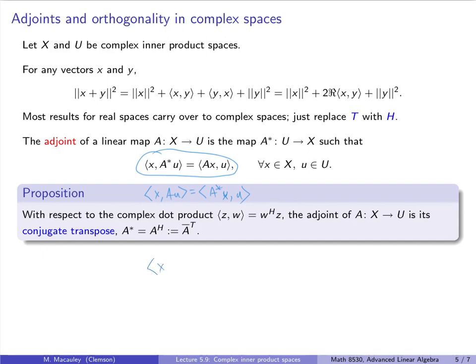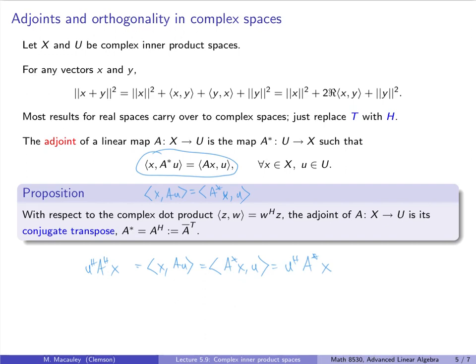Let's just write down x dot Au. This is u^H A x, and if this is equal to A star x dot u, then this is u^H A star x.